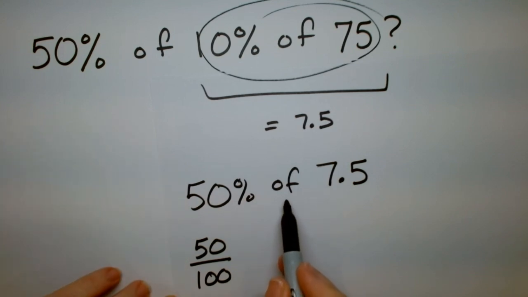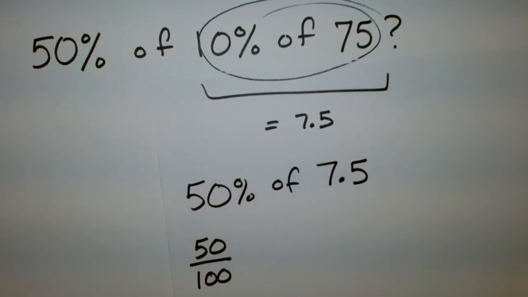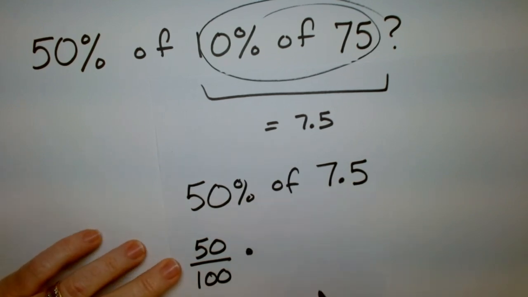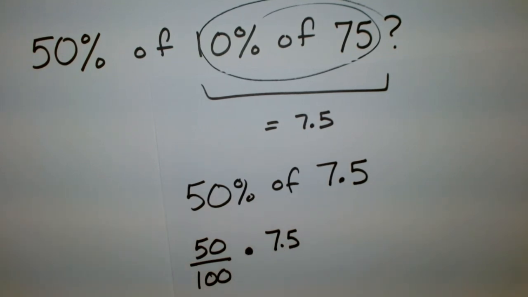Who can tell me what the word "of" means if we were to decode this into a math equation? No, it's not equal sign. Of is multiply. Is is the equal sign. All right, and then we just write 7.5. Make sure your multiplication dot is not the same as the decimal dot, otherwise it'll get really confusing to have a dot 7 dot 5.